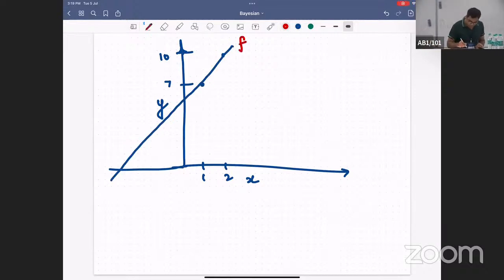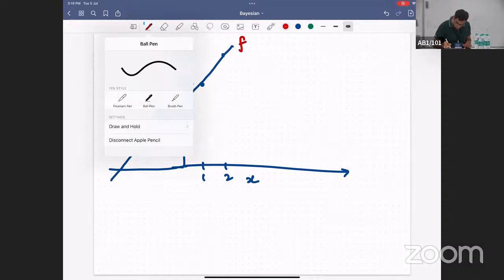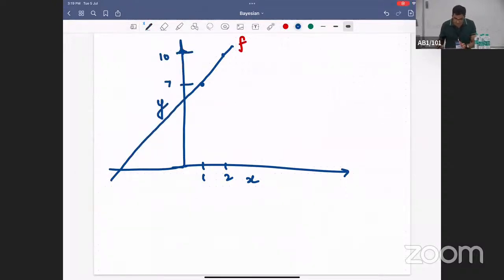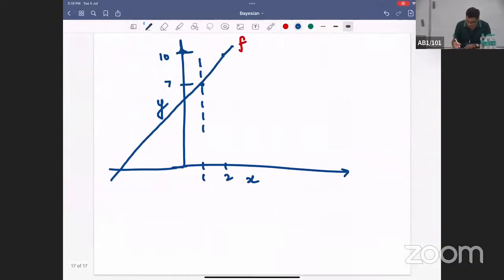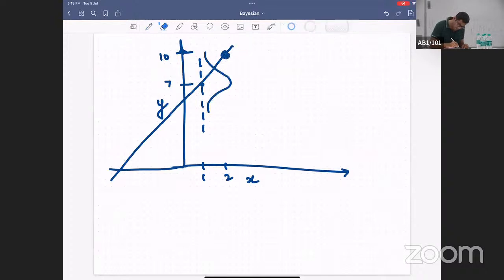Now what we're saying is, and this is the most important aspect of this particular set of slides, I'll in fact have to rotate my screen to draw. What we say is that Y is normally distributed with mean F of X and scale sigma. So I rotate my screen and draw a normal distribution here. Similarly, at this point, my mean is F of X, my scale is sigma.